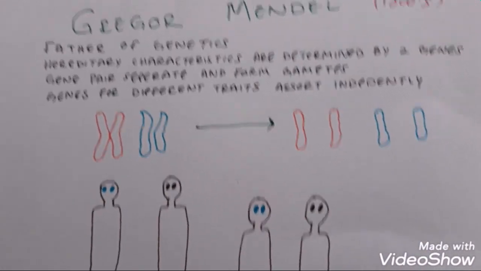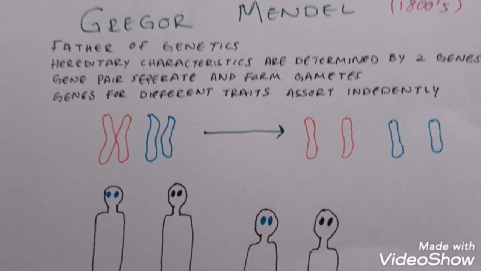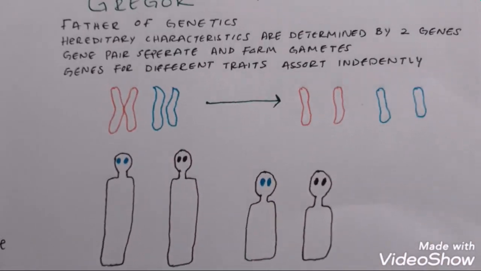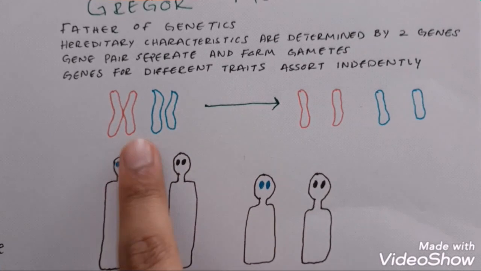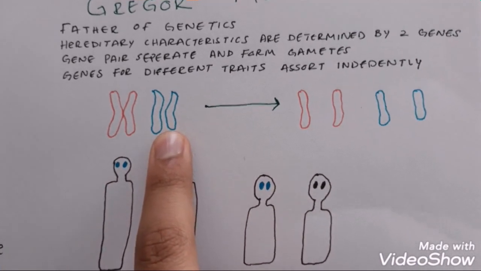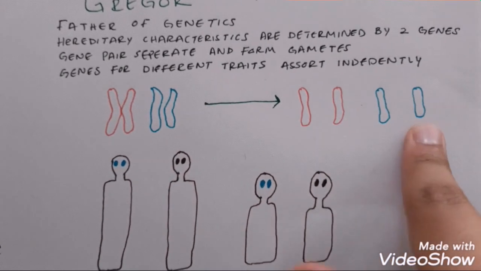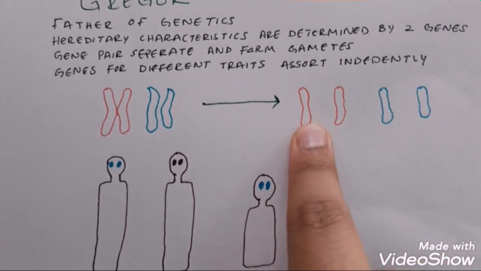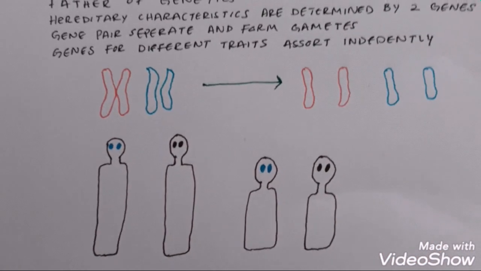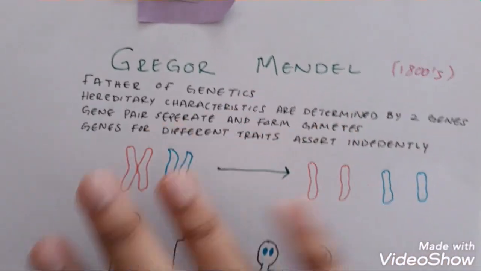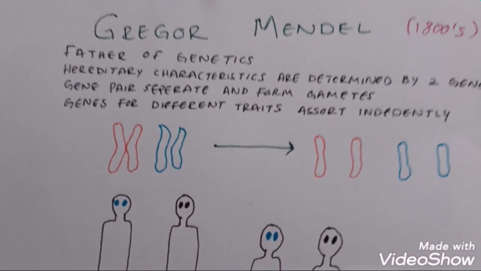He also has 2 laws. His first law states that the pair of genes are able to separate and form gametes on their own. Okay? And that is his law of segregation.